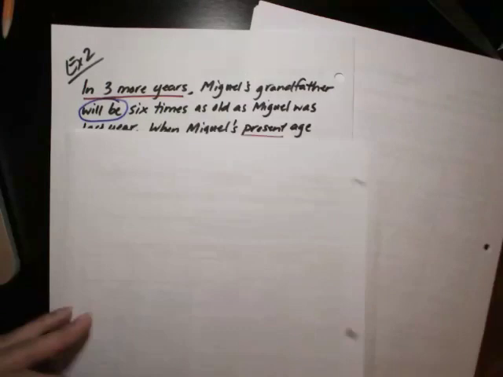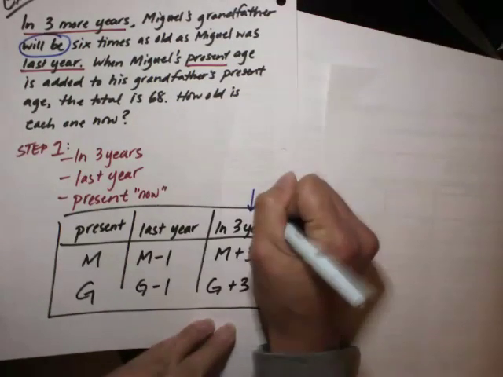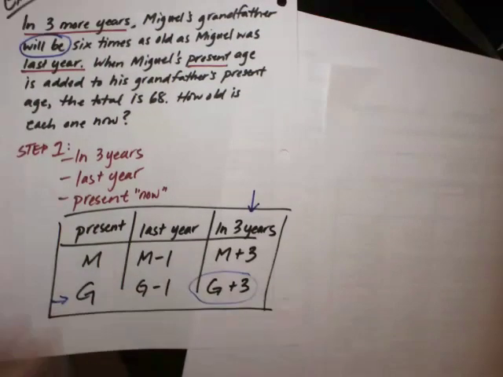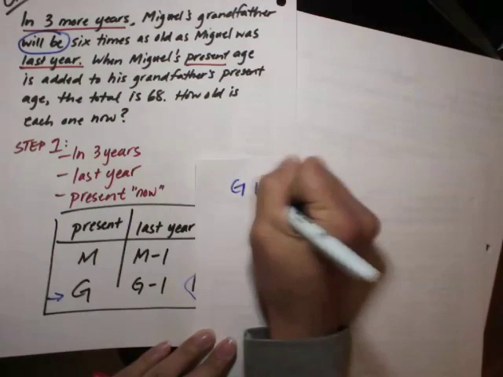Because that means that in 3 more years, and this is kind of hard to show all at once, but we have in 3 years, Miguel's grandfather will be this value here. So we're going to write G plus 3.